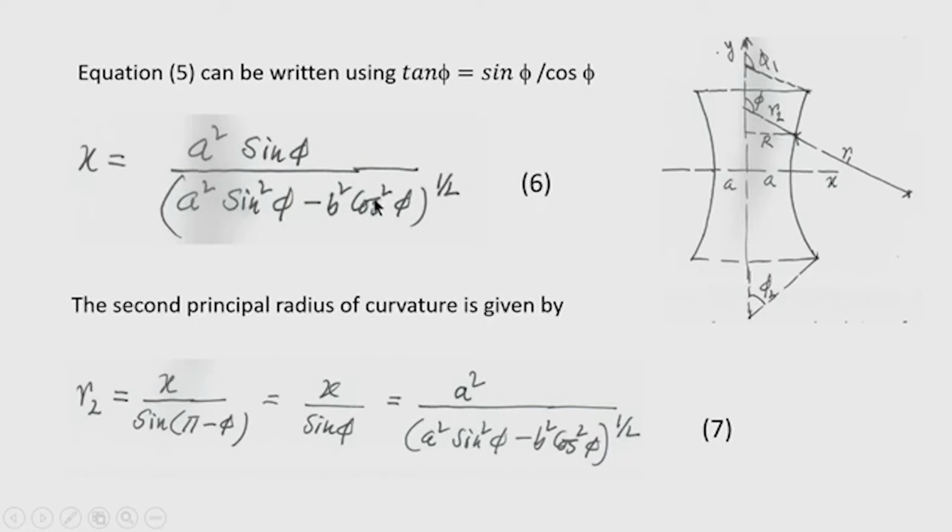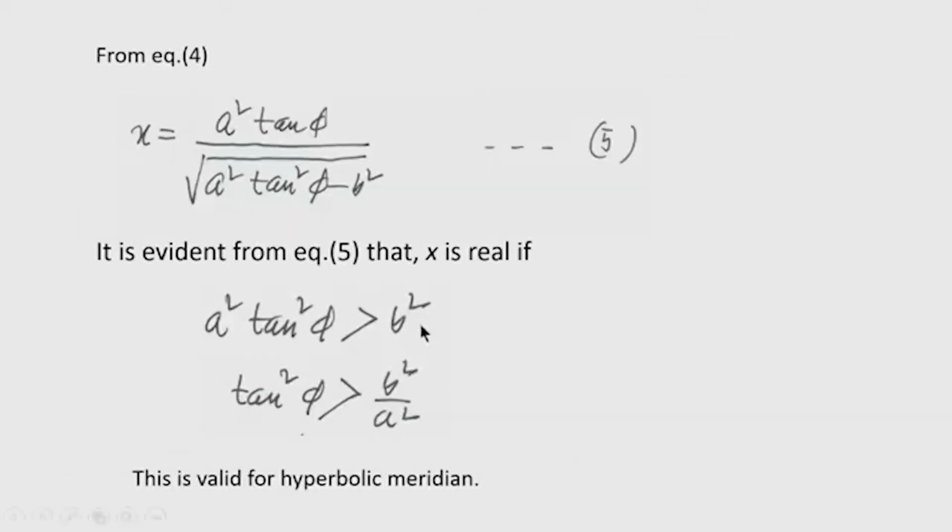Okay. The second principal radius of curvature R 2 can be easily expressed as follows, if this coordinate is x or r. R 2 equals x divided by the sine of this angle, and the sine of this angle is pi minus phi. So, x by sine phi, and sine phi can be obtained because tan phi is known.